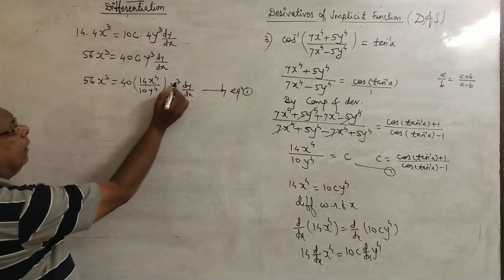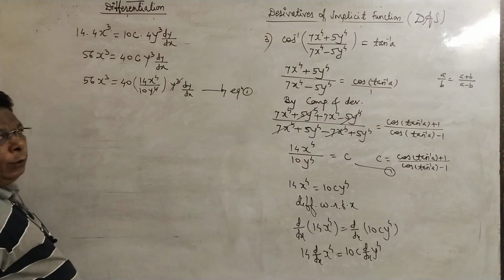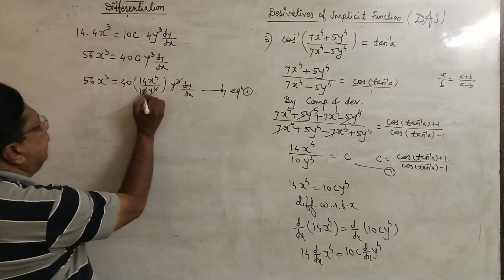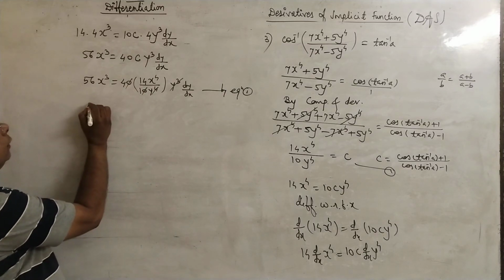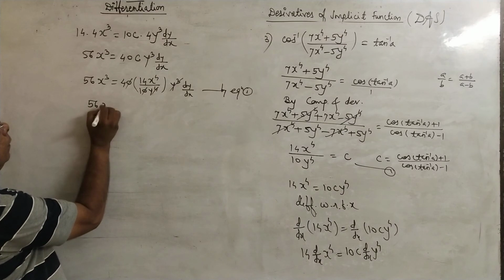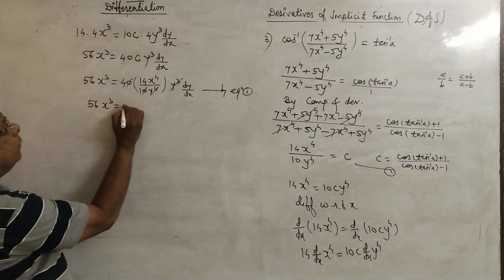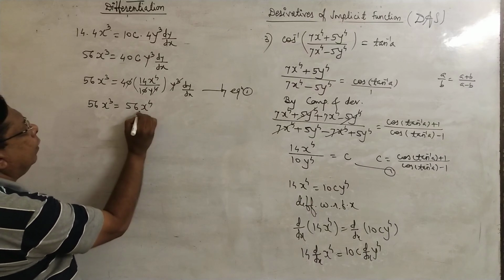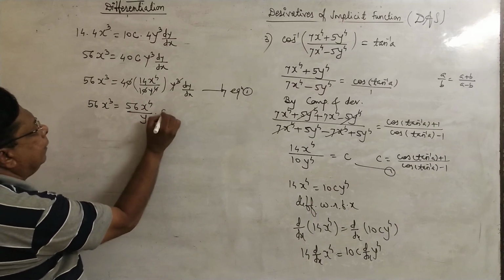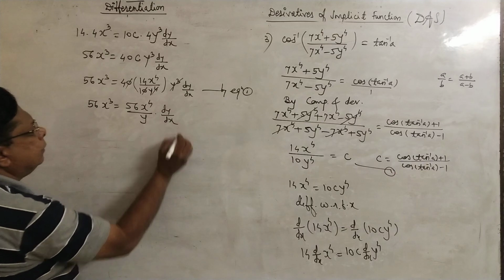Now simplify. Here y cube gets cancelled, and the 0 gets cancelled. Now here 56x cube, 14 fours are 56x raised to 4 upon y into dy by dx.